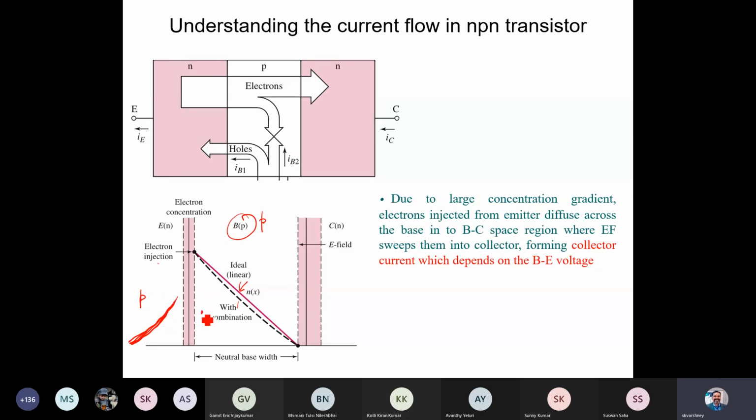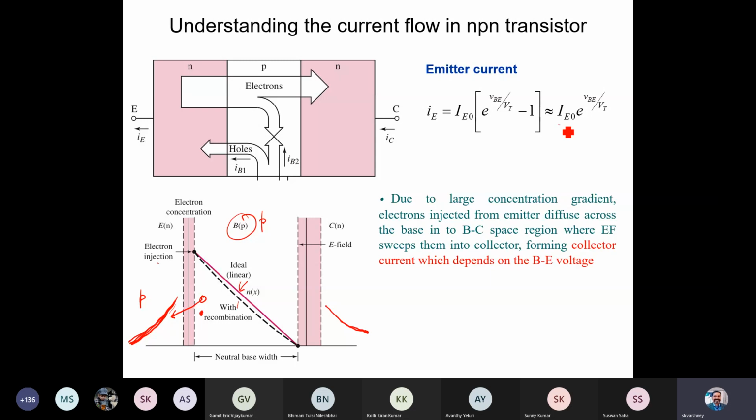The minority charge carriers travelling from the base region to the n side, to the emitter, become minority in the emitter region, and follow a gradient profile for the minority charge carriers on the n side, and in the same way it might look like this on the other side. So what you see here is the current that constitutes the emitter current, following the p-n junction behavior in the same way.